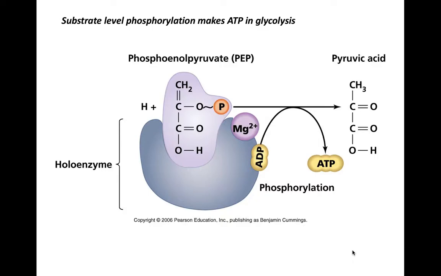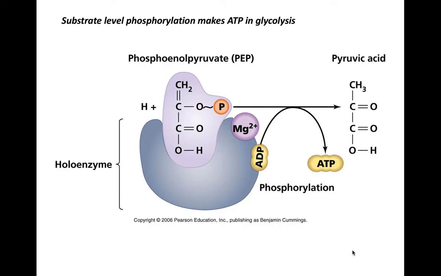Now, we use the phrase substrate level phosphorylation as how ATP is made during glycolysis. And substrate level phosphorylation is when a phosphate group is transferred from one organic molecule to another. So in this case, you'll see that we're going to transfer a phosphate group from the molecule that's being held by the enzyme, and it's going to be transferred to ADP to make ATP.